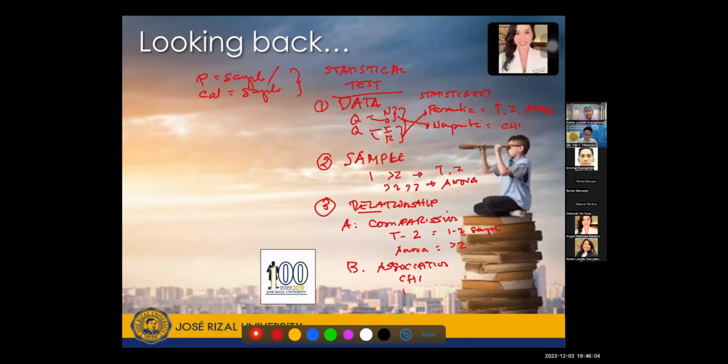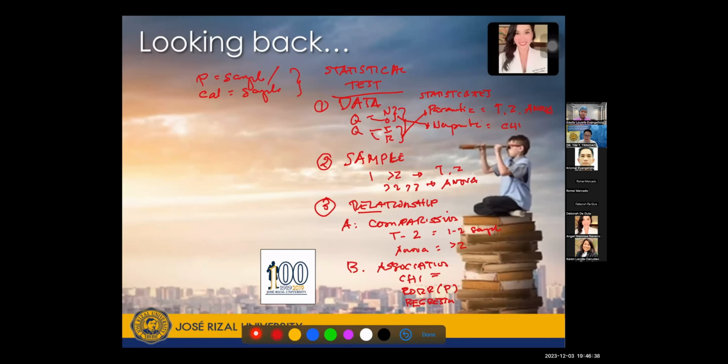Pearson's correlation, your correlation, which is exemplified by Pearson, and the other one is Spearman. And the regression. So what are the differences of these tests? Chi-square is used when you want to show a relationship or association using what type of data?